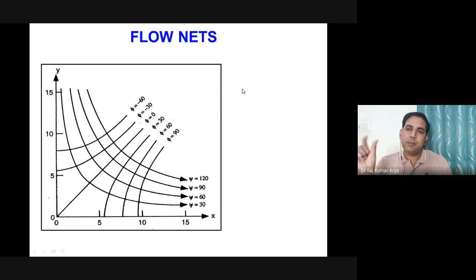Because you have previously proved that the difference between two stream function values is just the flow rate. Now the flow rate is the same. So wherever they are very far away, to compensate for the flow rate, where the area is more, you have to decrease the velocity.